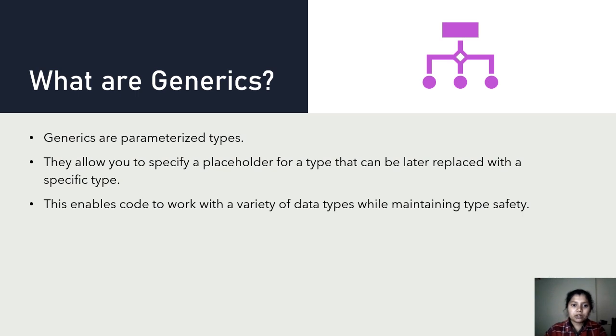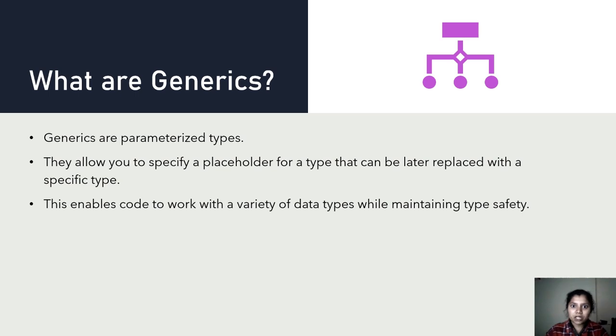Initially, what are generics? Generics are essentially blueprints for classes, interfaces, and methods. These blueprints use placeholders represented by angle braces to specify the type that will be used later. When we create an object or use a method with a generic type, we can provide the specific type we want to use.